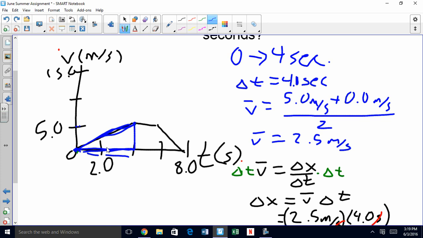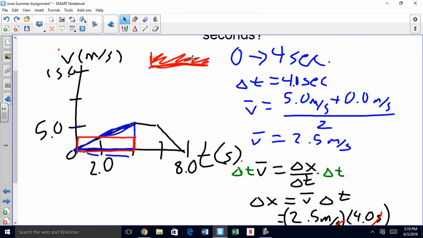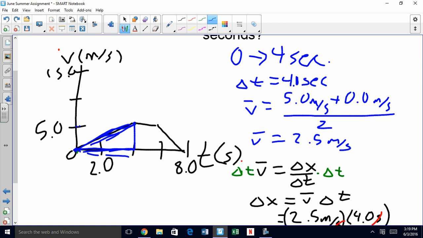So essentially we're taking the average velocity times the time, this height times this base, and finding the area of this rectangle. Finding the area of that rectangle, if you remember from your grade school days, is the exact same thing as finding the area of this triangle.